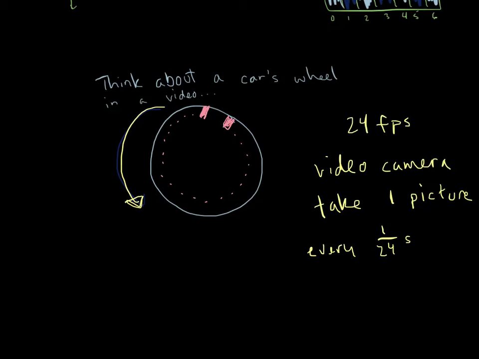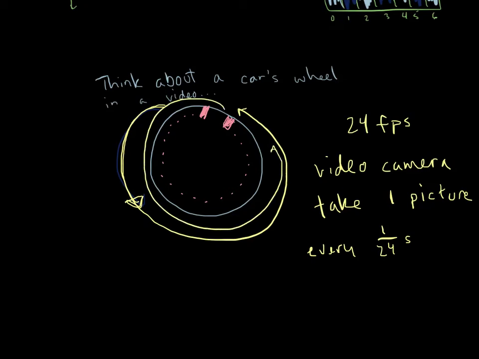So in 1/24 of a second, the wheel has traveled only that much. Then, the next 1/24 of a second, it's only going to travel that much again. And so on our second frame, the tape ends up here, then here, then here, then here, right?